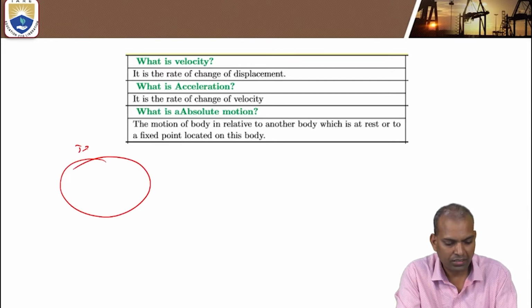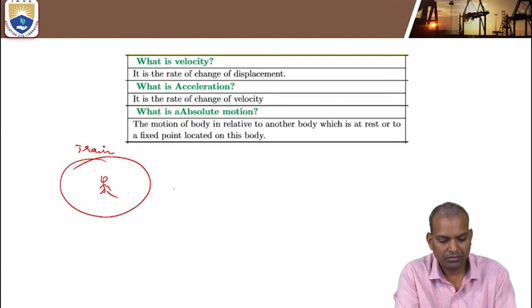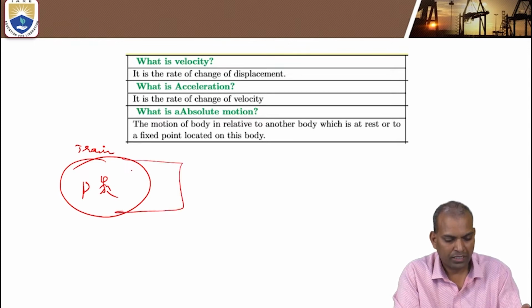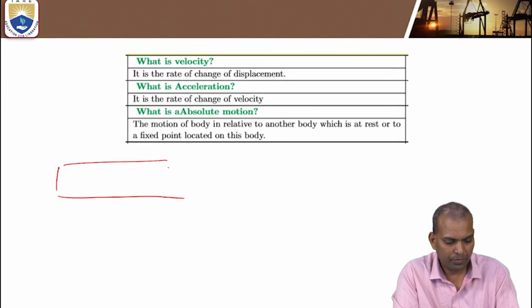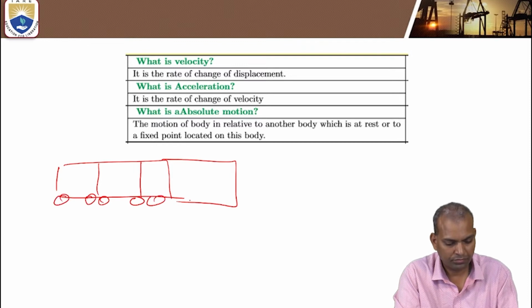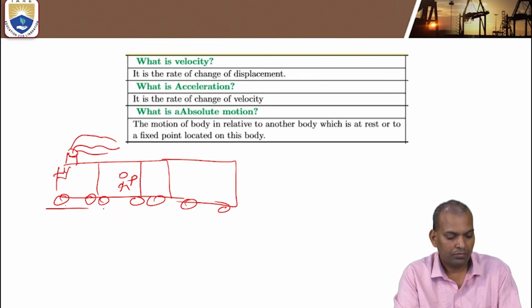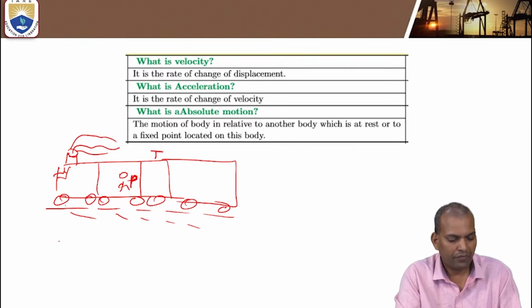The person is the passenger P. The velocity of the train with respect to ground, VTG, is the absolute velocity.